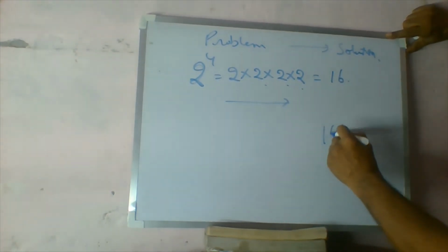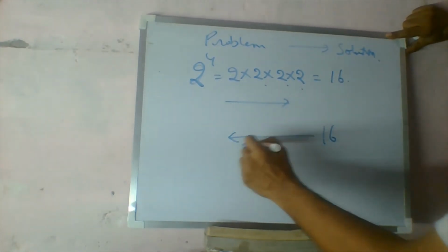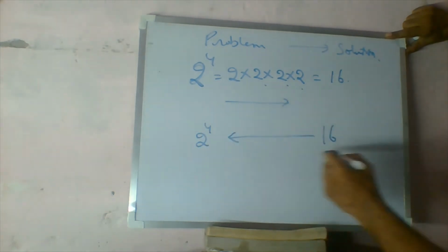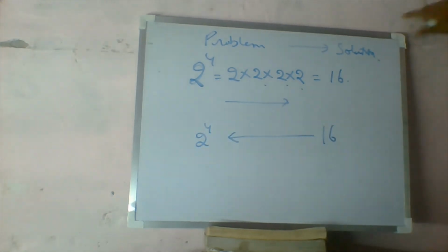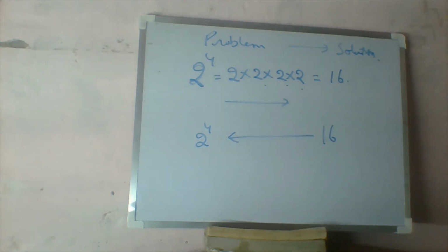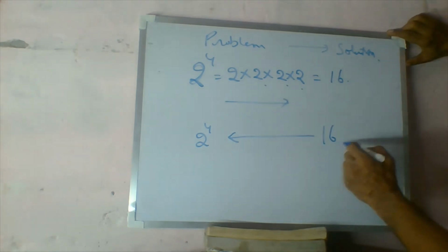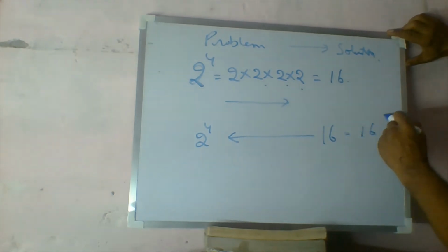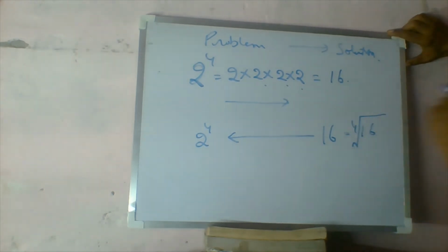Now if I want to return from the solution back to the problem, I will need another expression. In exponents, I will need another expression that will guide me back. For that I have an expression, the fourth root of 16.